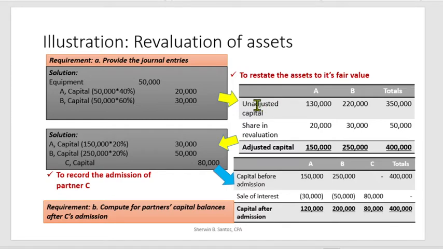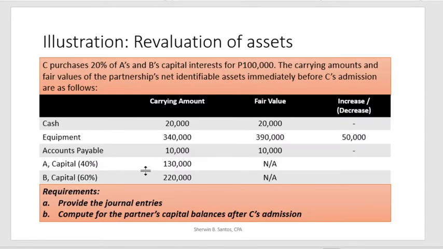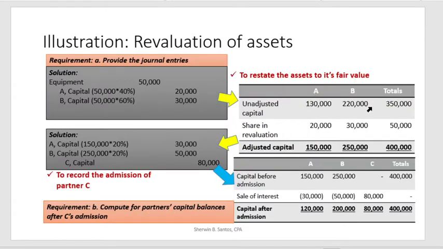Next, let us tabulate what the adjusted capital is after recognizing the adjustment on the fair value of the equipment. Before, the unadjusted capital: let us see, 130 and 220. Total of 350,000 net assets of the partnership.